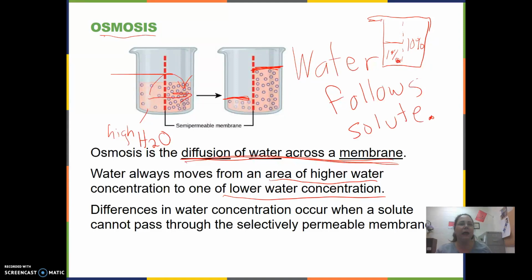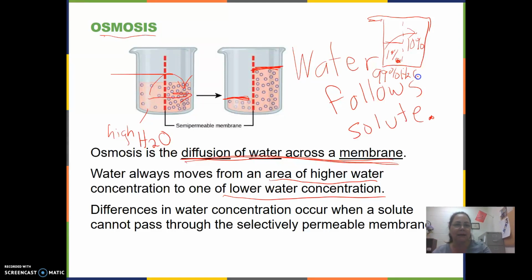Okay, so if you remember water follows solute, water's going to move from the left to the right because it's going to move to where there is the highest concentration of solute. But you can also just kind of reason to yourself that if the concentration of solute is 1% on the left, then it's 99% water.